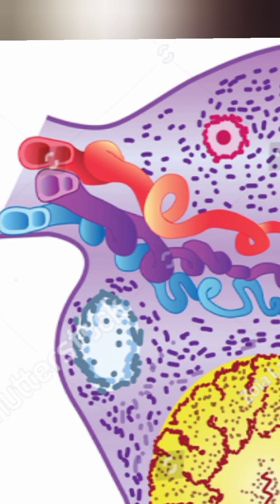The endpoint of the regression of the corpus luteum is a small fibrous area in the cortex of the ovary known as the corpus albicans. An ovarian cycle is customarily divided into three phases, mainly the follicular phase, ovulatory phase, and the luteal phase.